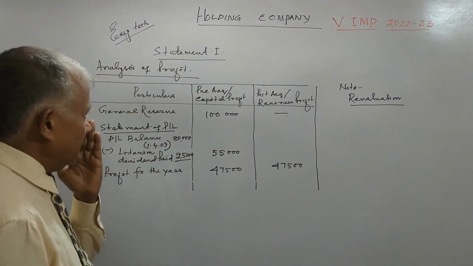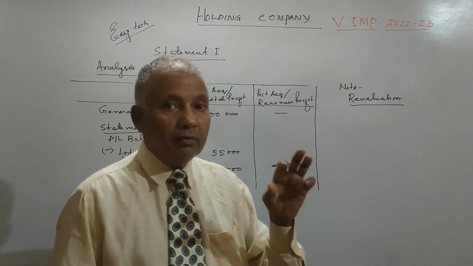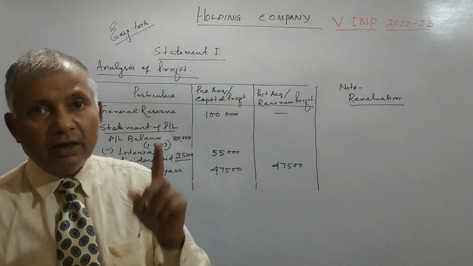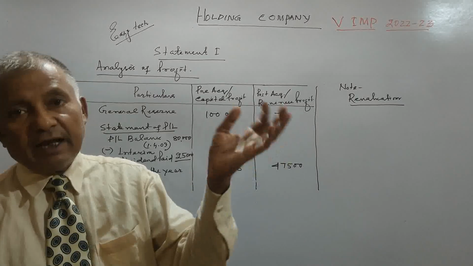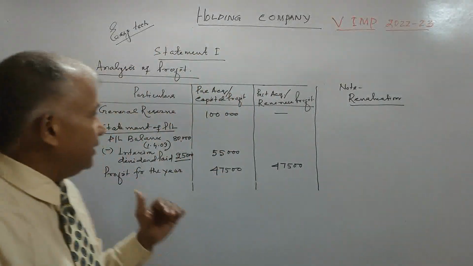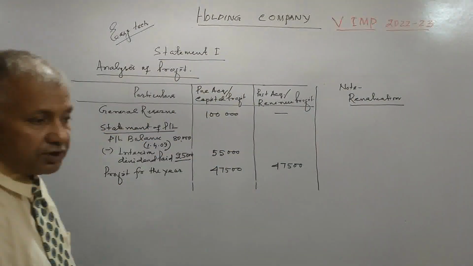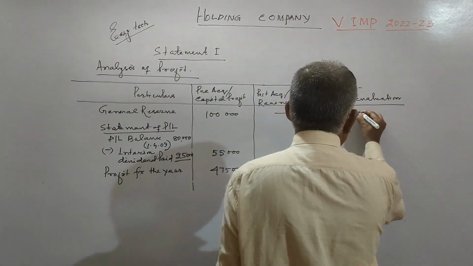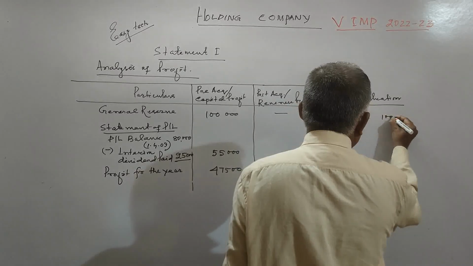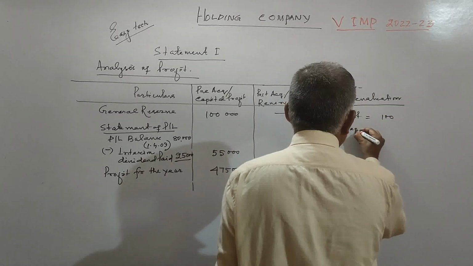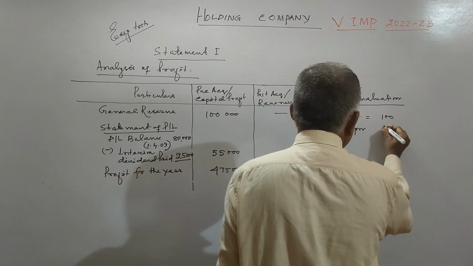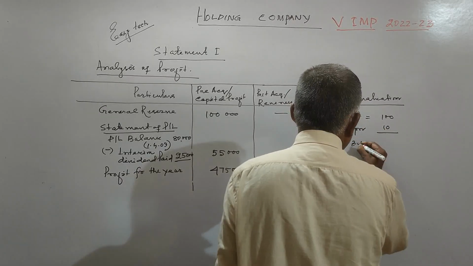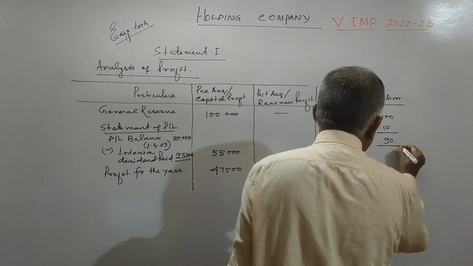So friends, land and building as per 31/3/2010 is 1,80,000 after providing 10% depreciation. So let us find out the cost. If cost is rupees 100, depreciation is 10. So at 31/3/2010 it is 90.